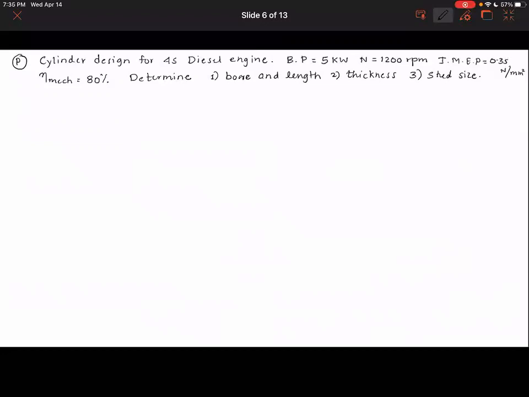So what we would do is, step 1, bore and stroke design.